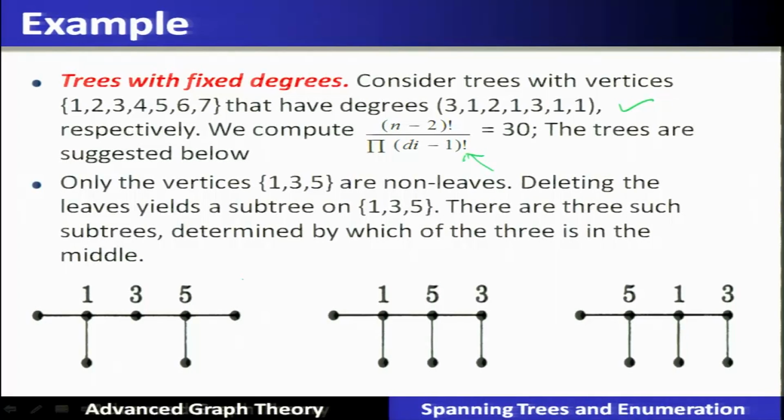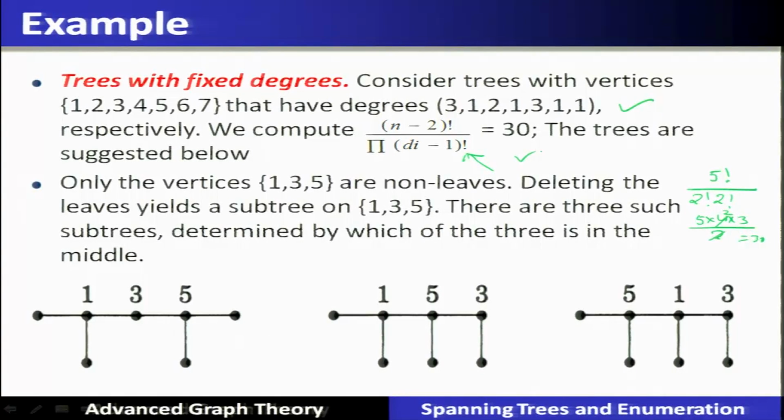So, n is 7, 7 minus 2 is 5 factorial, divided by 2 factorial, then 0 factorial, 1 factorial, 0, 1 and again 2 factorial. So, 5 factorial divided by that becomes 30. So, 30 different trees are possible.